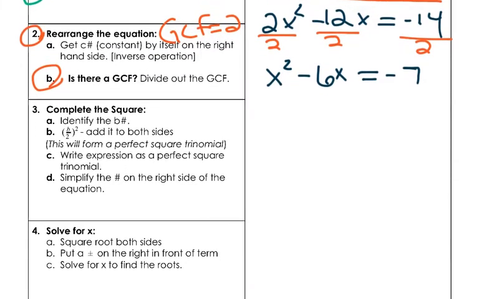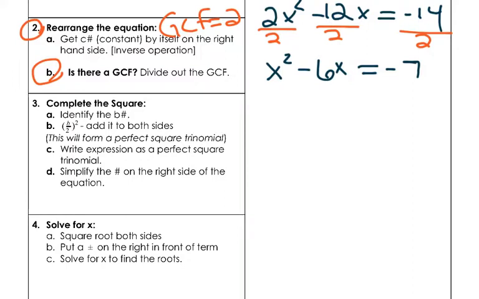All right, moving along. Number 3 says complete the square. There are quite a few parts here, so let's go through each one. It says identify the b, which is negative 6. Then they're telling you take b divided by 2, square it, and add that to both sides.